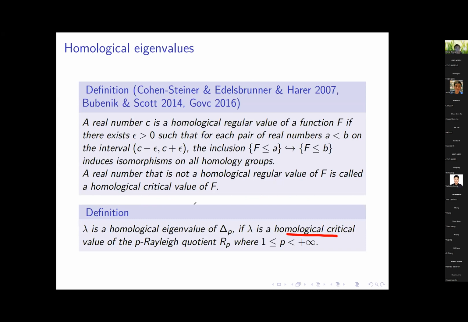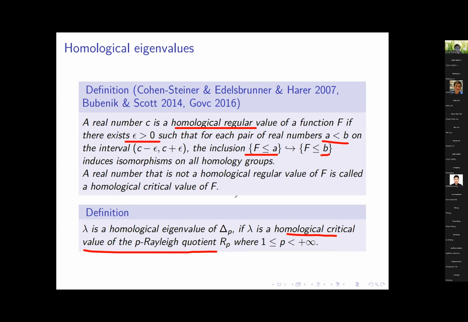Homological critical value was introduced in the study of persistent homology. And here is the definition. A number c is a homological regular value of a function f if there is a positive epsilon such that for each pair of real numbers a smaller than b in the interval from c minus epsilon to c plus epsilon, the inclusion from the sublevel set at level a to the sublevel set at level b induces an isomorphism on all homology groups.